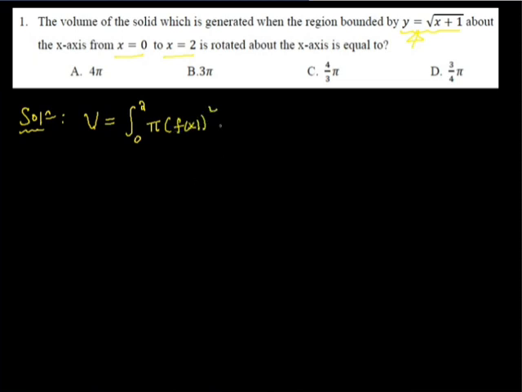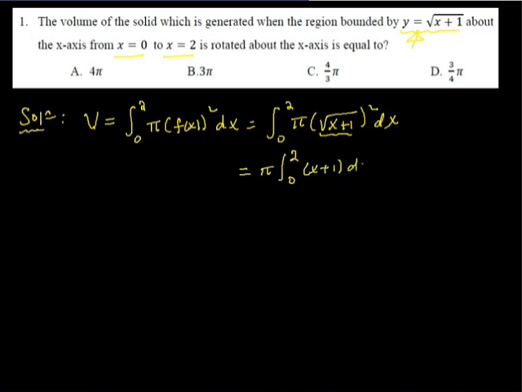So we calculate this definite integral from 0 up to 2 of pi times f of x, which is radical x plus 1, the whole squared, dx. This becomes pi times the integral from 0 up to 2 of the square of radical x plus 1, which means x plus 1, dx.